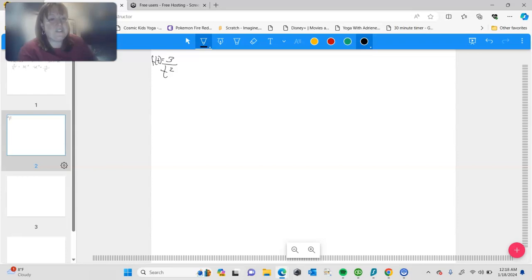So if this is our function and we're looking for the derivative of it, we know that the derivative, and remember that's that little apostrophe, we call it f prime of t, is the limit as h approaches 0 of f of t plus h minus f of t all over h.